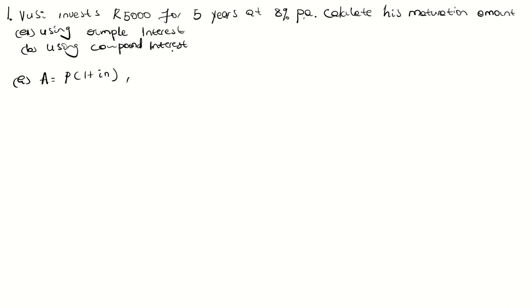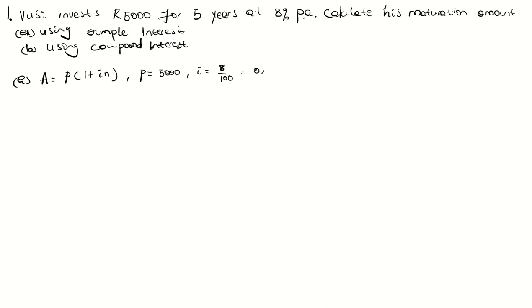So if you go back to the problem and you look before you substitute, you realize that P, his principal amount, that's the amount he starts with, is 5,000, and the interest is 8%. So that means 8 divided by 100.